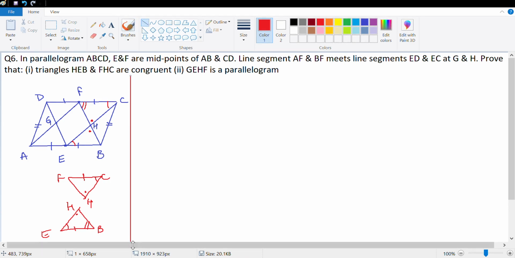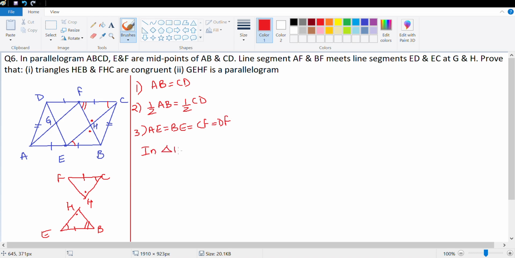Let's start writing. So number 1, AB is equal to CD, which means half of AB is equal to half of CD, which means AE is equal to BE is equal to CF is equal to DF. Perfect. Now let's look at triangles what we need to prove congruent.